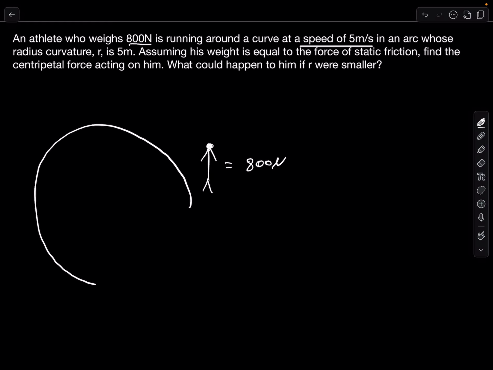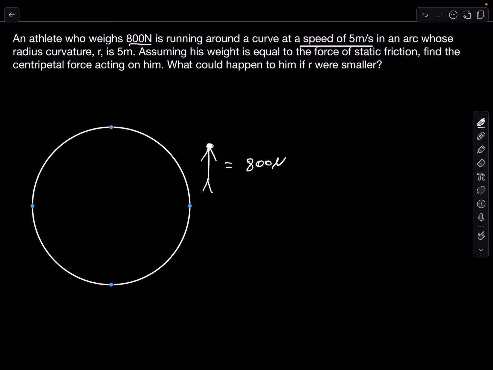Let's draw a curve. Then his speed, which is the absolute value of velocity, is equal to 5 meters per second in an arc whose radius of curvature is 5 meters. So the radius is 5 meters.